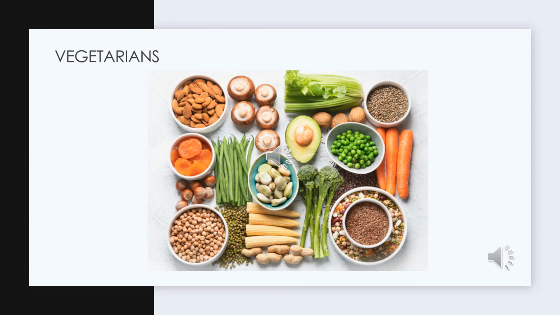Then there's vegans. Vegans avoid all animal foods. So they only take in soybeans, chickpeas, tofu, some of the other things that look like meat, but they're not meat. So we need to be sensitive to that and try to support them as much as possible in their dietary choice.